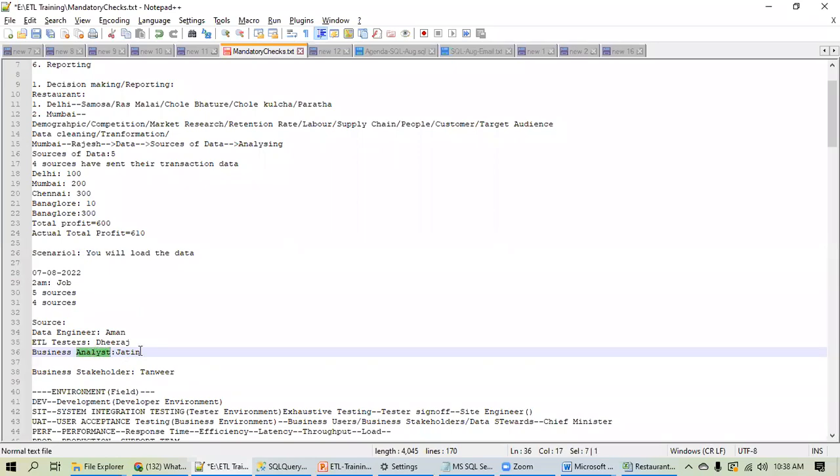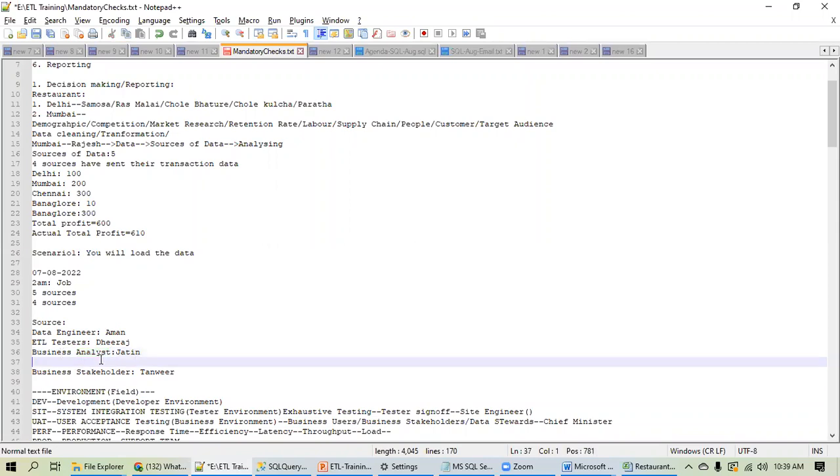The business analyst knows the ETL pipeline, from where data started, where it moved, and what transformation logic has been applied. If he has SQL knowledge, it is well and good. He will quickly do the analysis and tell the reason.